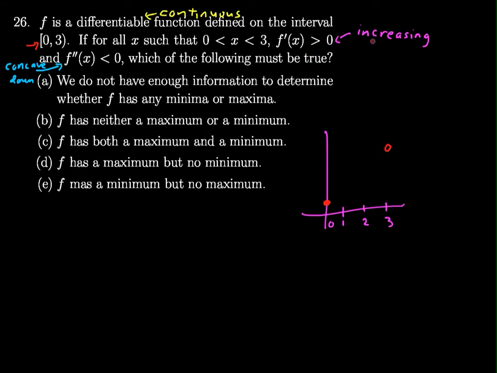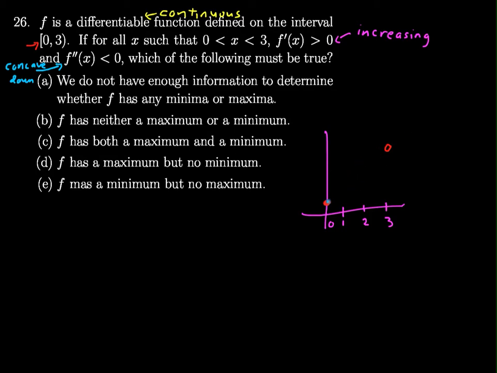Okay. Next thing we see is that it has to be increasing, but it has to be concave down. So somehow I need to get this concave down, curving down, but always increasing.